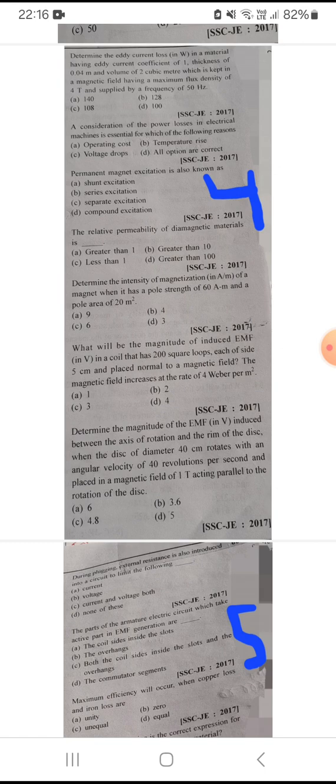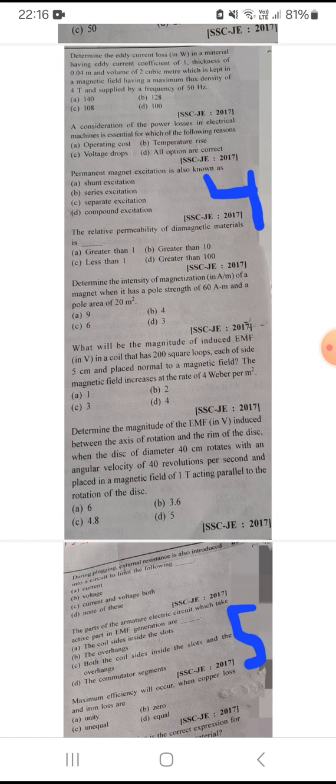So we have N is equal to 200, dB by dt equal to 4 Weber per meter square, and area is equal to 5 into 5 centimeter square, and we know that phi is equal to B into A. So E is equal to N d phi by dt. So N into dB by dt into A, we put the values and we get 2 volt is the right answer. So option B is the right answer.